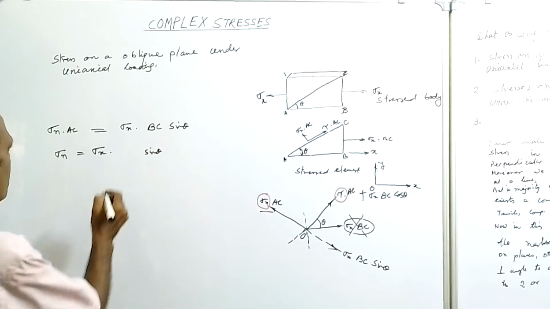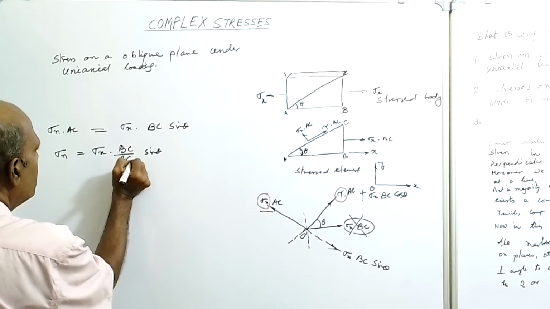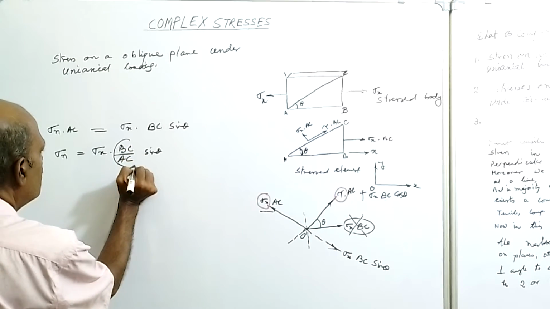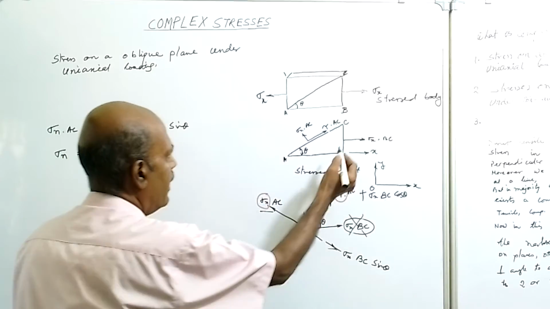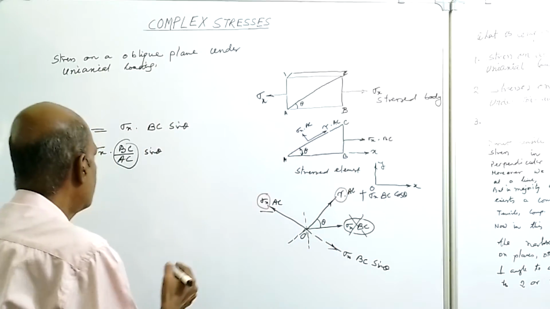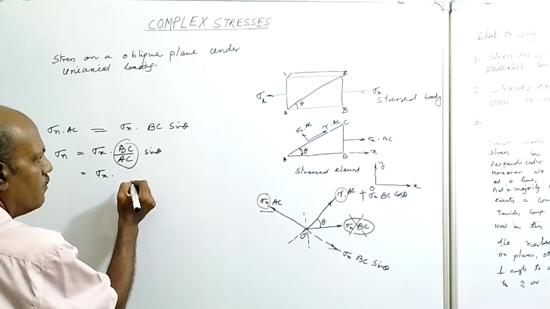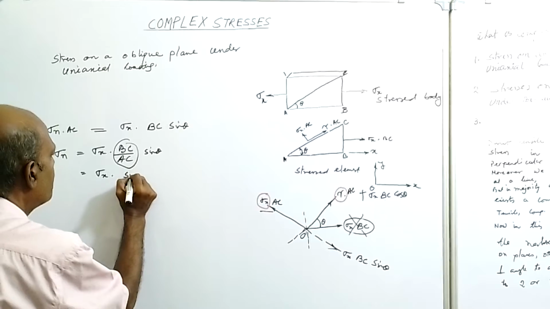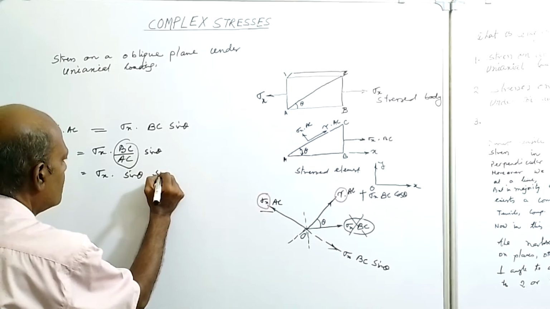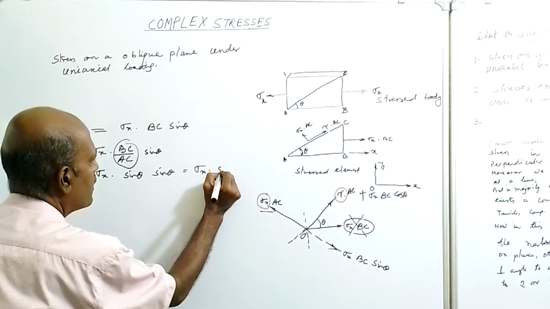So sigma n will be sigma x into BC by AC sin theta. Now this ratio BC by AC, perpendicular to hypotenuse, will give you sin theta. So we can write sin theta into sin theta, or sigma x into sin square theta.